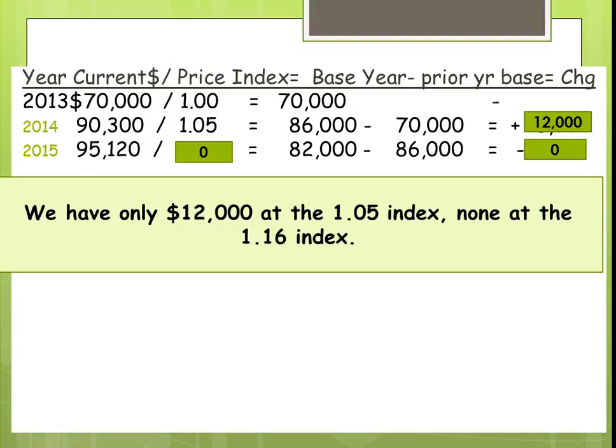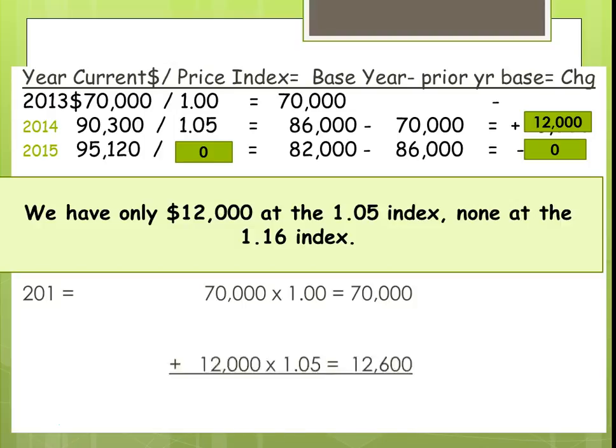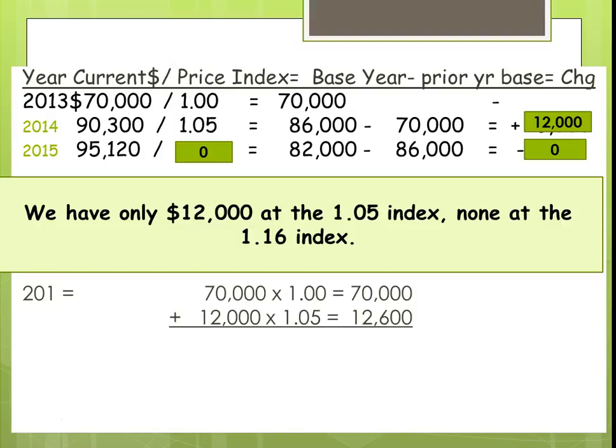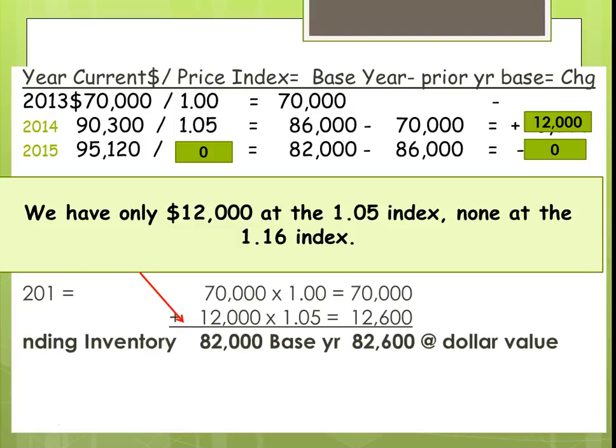So to determine our inventory for 2015, we take 70,000 at 1, and then 12,000, which is all we have remaining, at 1.05, and it gives us an ending value using dollar value LIFO of 82,600, which you'll notice is different from what we're currently showing of 95,120.